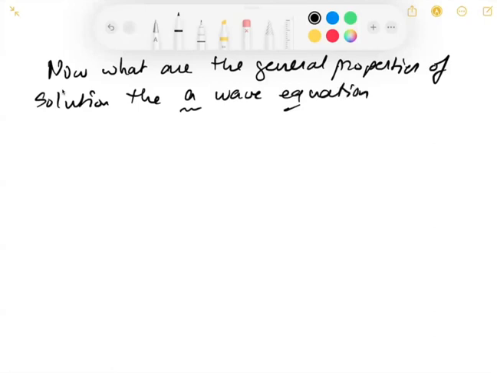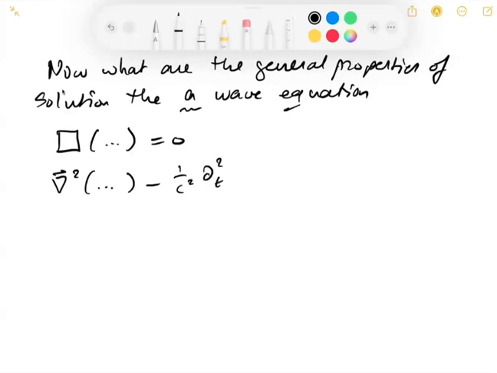All right, so we have the D'Alembert operator acting on something is 0, or minus 1 over c squared del squared t of something is 0. This is the structure that all of them have.